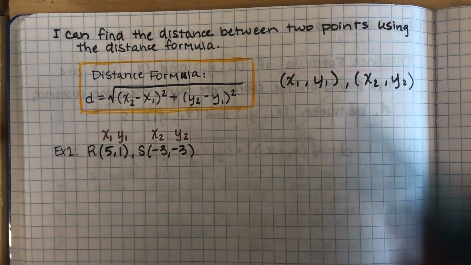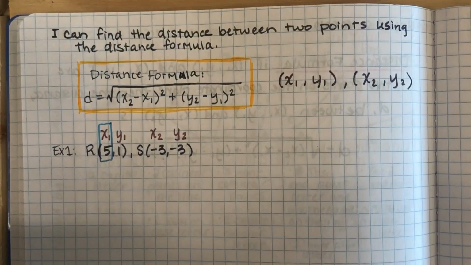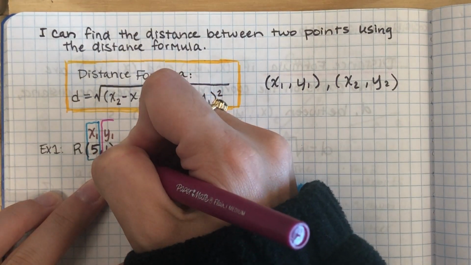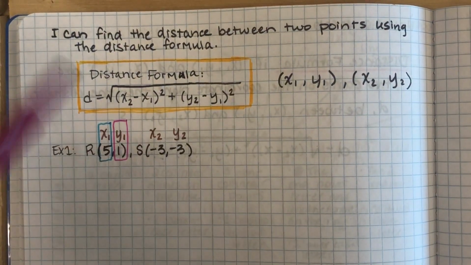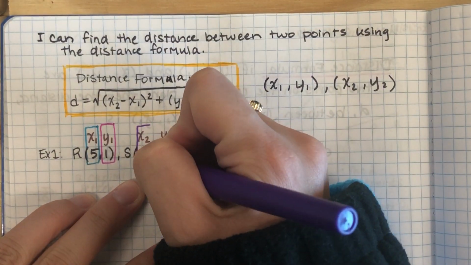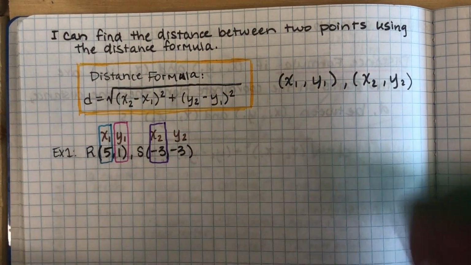So from here, I like to show these with different colors to make sure I have them all lined up properly. You can do this if you want to. It is by no means a requirement, but it is something that can be helpful at times.